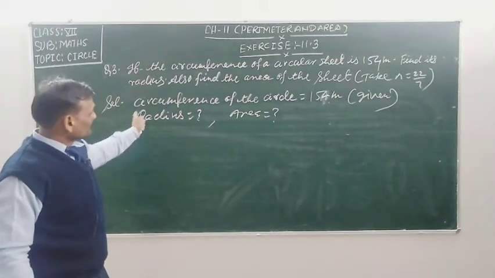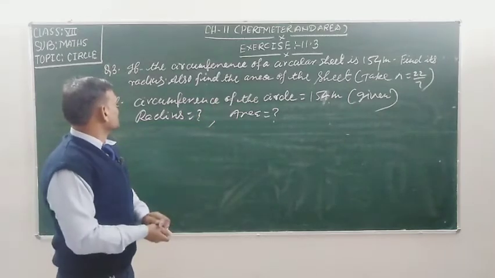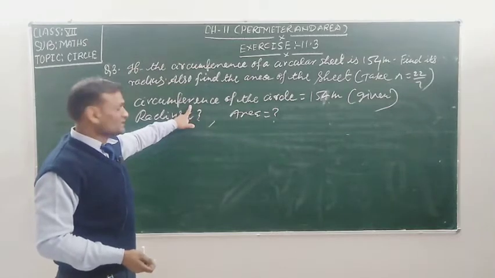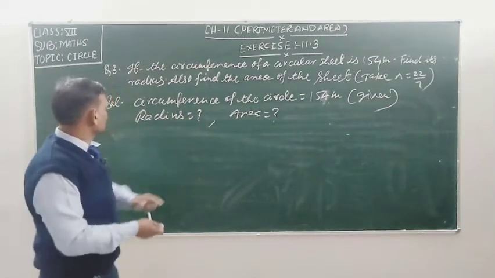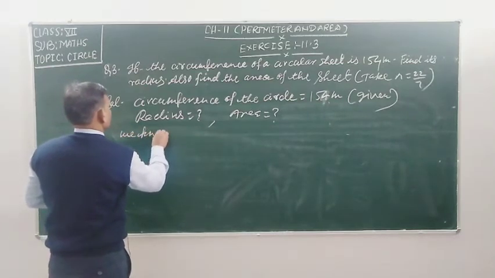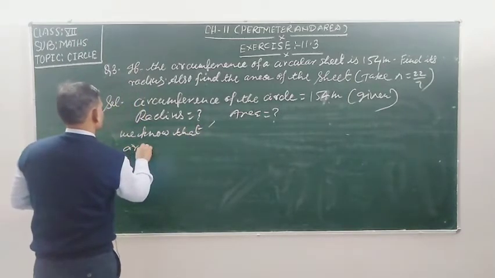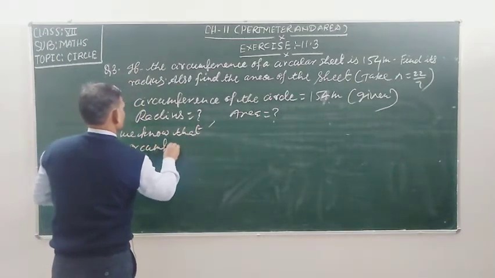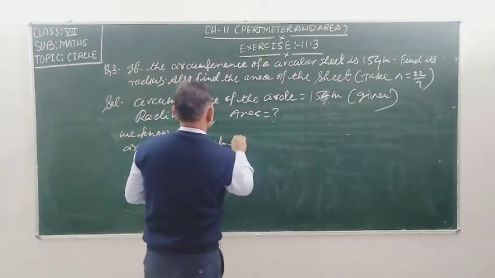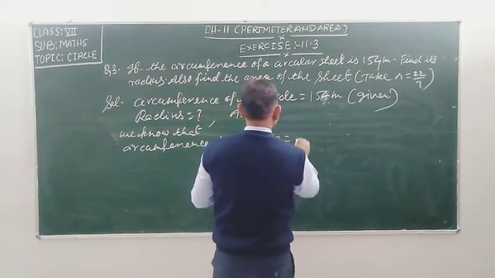So student, how can we find out the radius of the circle if circumference is given? Use the formula for finding the circumference of the circle. Then you will be able to find out the radius. So we know that circumference of the circle is equal to 2 pi r.